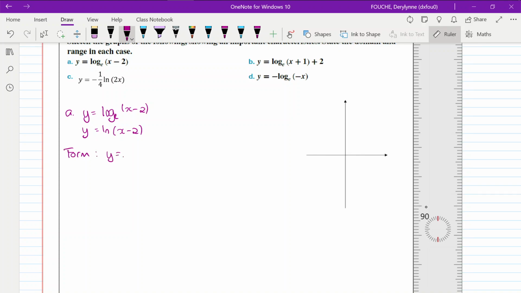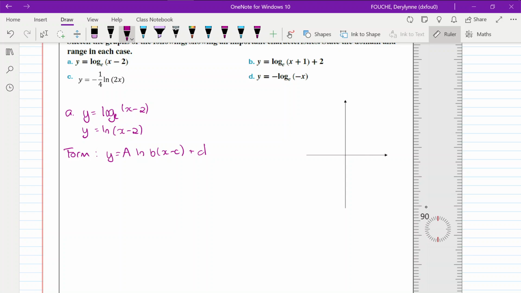So we have y equals a ln b(x take c) plus d, small d, and our a value will be our dilation factor, so how stretched it is parallel to the y-axis. Our b value will be another dilation factor, and that will be how stretched it is parallel to the x-axis. Our c value will be our horizontal shift, and our d value will be our vertical shift.